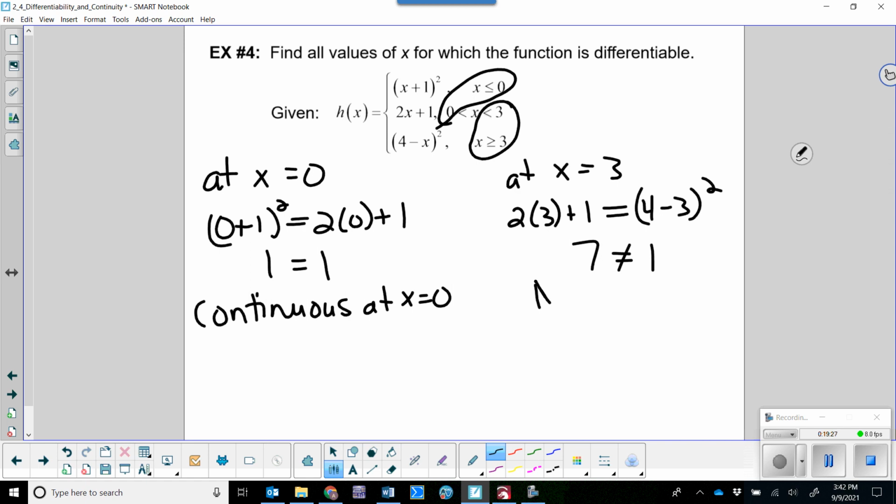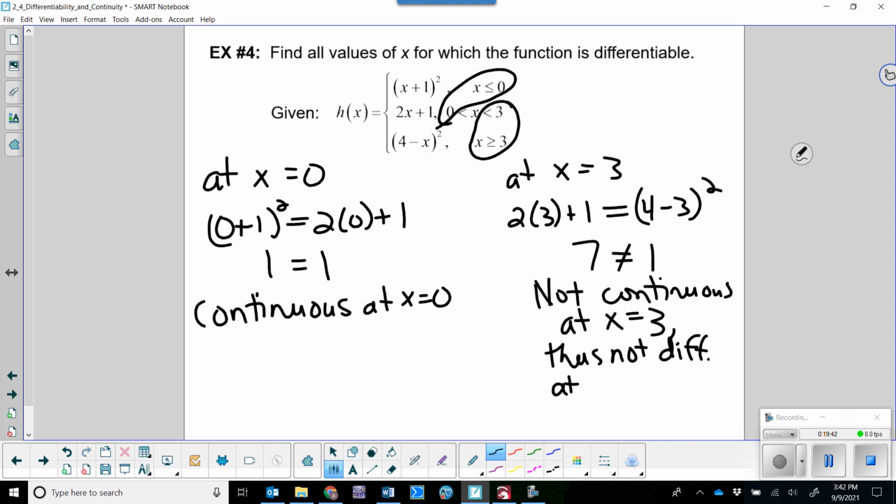So this is not continuous at x equals 3, thus not differentiable at x equals 3. Okay? So if it's not continuous, it can't be differentiable.